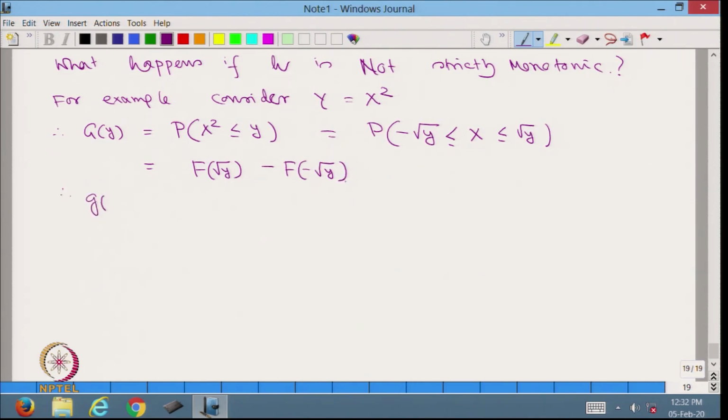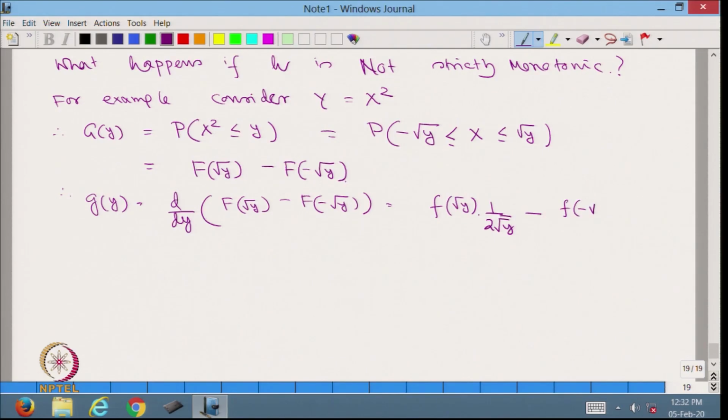Therefore, g of y is equal to d/dy of [F of root y minus F of minus root y], which is equal to f at root y multiplied by half root y, minus f at minus root y into d(minus root y)/dy, which is equal to f of root y into 1 upon 2 root y.